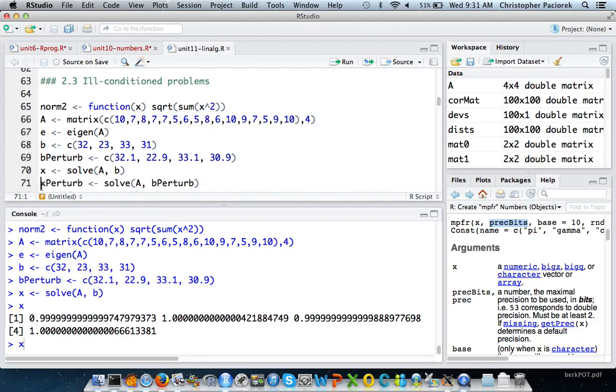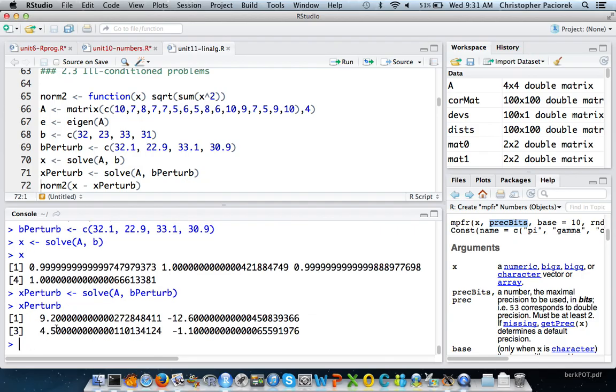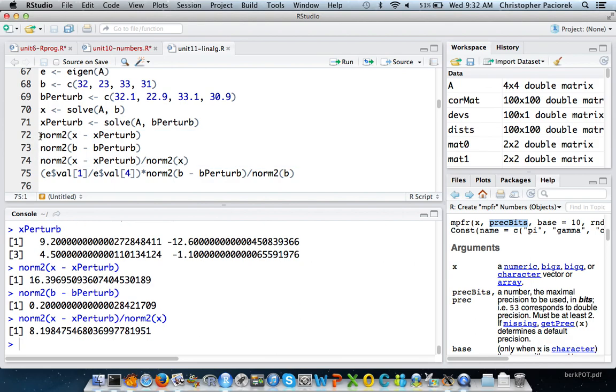But now if I change B and solve the new problem and look at x perturb, I see, okay, that's the 9.2, minus 12.6, 4.5 that I showed you on the actual slide. And I can calculate these various norms.